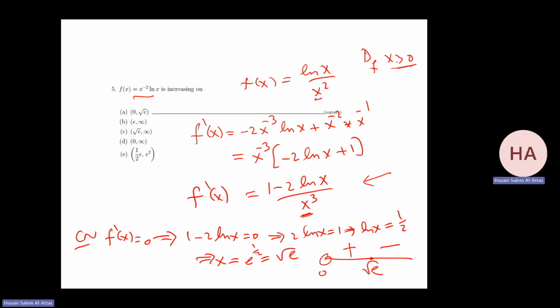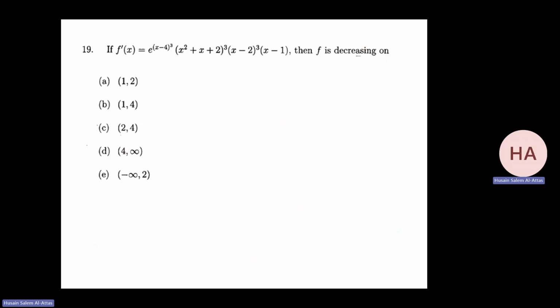And what I want is increasing. Increasing will be from where to where? Very clear. From 0 to square root of e. Remember I took a value here, x equal 1. I know 1 is less than this. Here I take a value, x equal e. So you can easily check it. This is the last one.